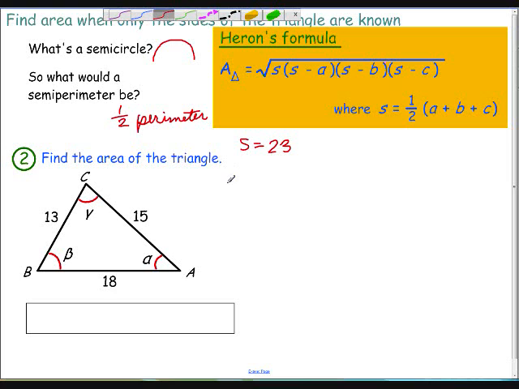So our area is going to be the square root of 23, and then we multiply that times 23 minus whatever a is. We're going to say, yeah, it's minus 13. So 23 minus 13 would give me 10, and then 23 minus b, here's my b, would give me 8, that's right, and 23 minus c, 18, 23 minus 18, 5.